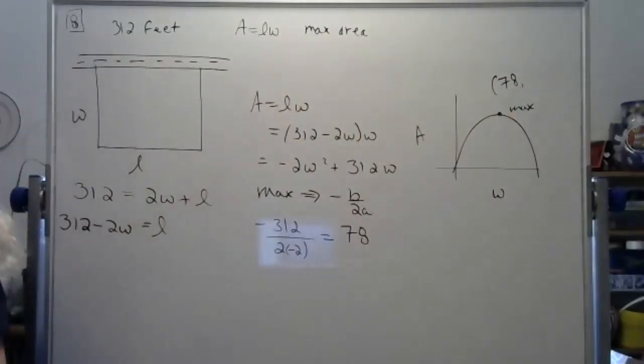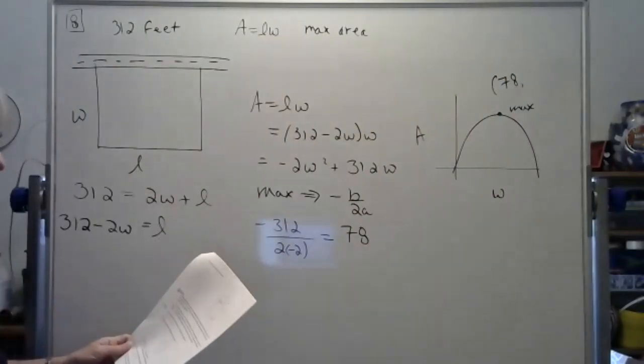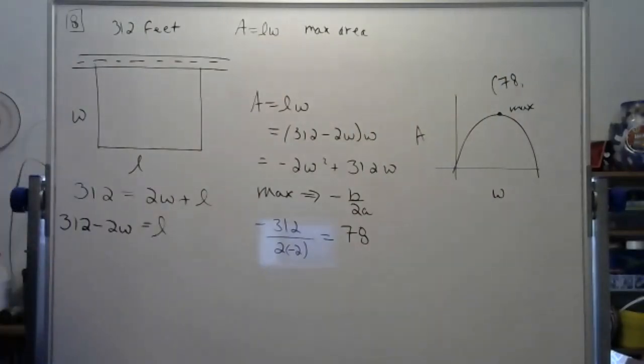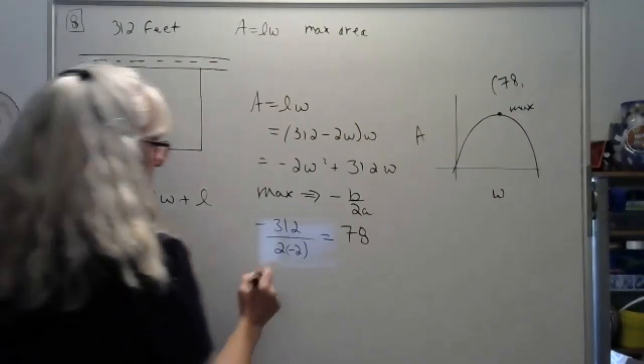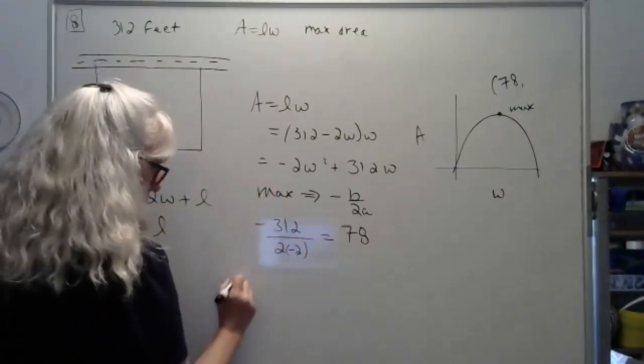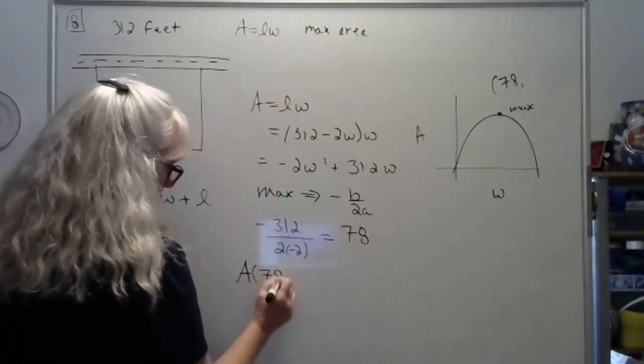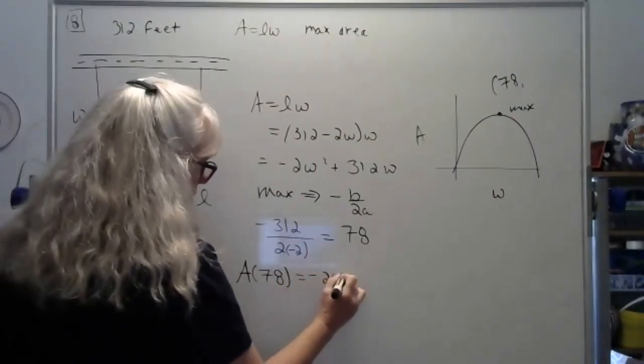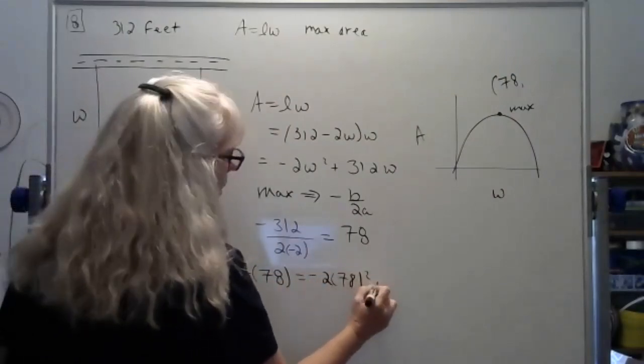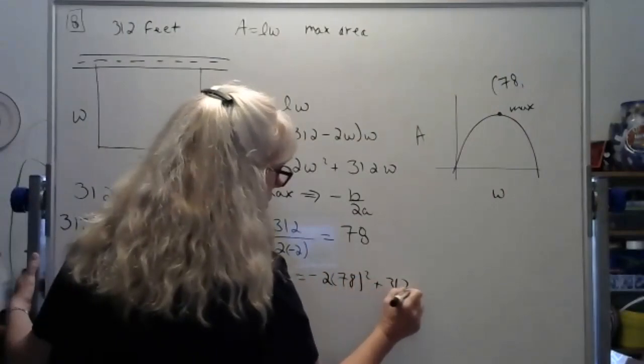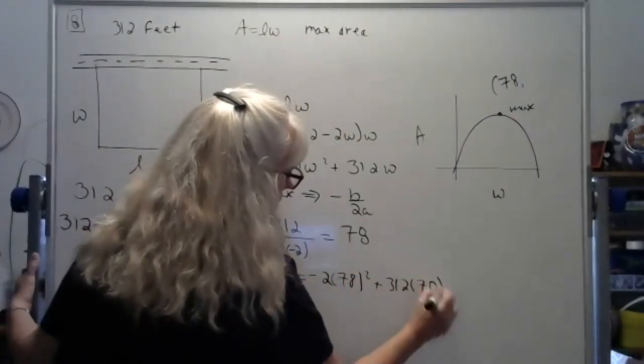But they actually want us to find, I'm going to reread it again, what's the largest area that can be enclosed? So we need to find the area. So to find the area, we'll plug it back in. So that would be negative 2 times 78 squared plus 312 times 78.